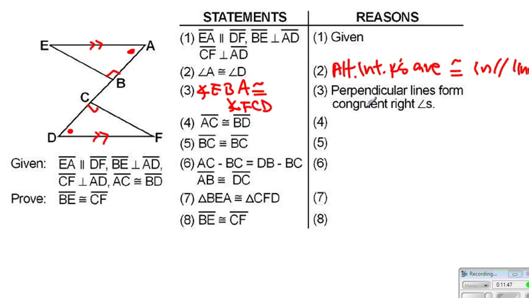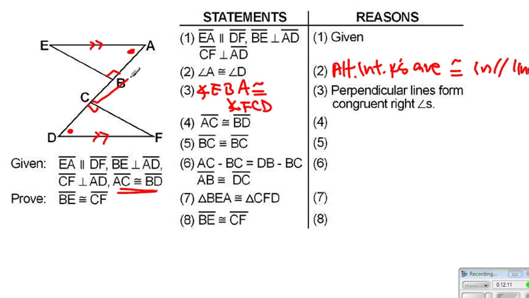Now, many times we have written this statement in two different parts: perpendicular lines create right angles, and all those right angles are congruent. But in this case, they put it into one. But it's not a big problem. Now we have line segment AC is congruent to BD. That was part of the proof given.